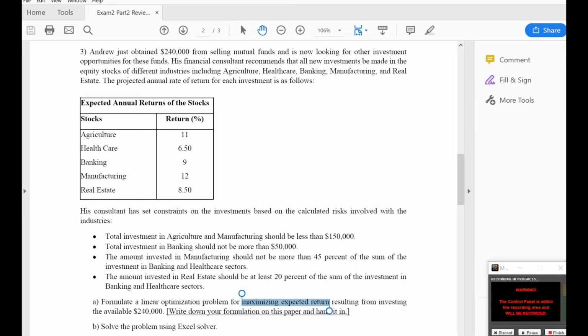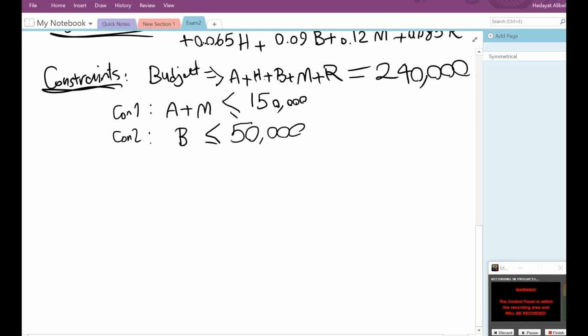Next constraint: the total amount invested in manufacturing, M, should be less than or equal to 45% of the sum of investment in banking and healthcare, so B plus H. This is how we write it.